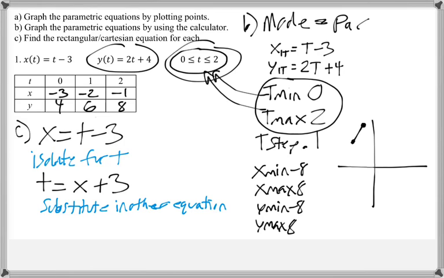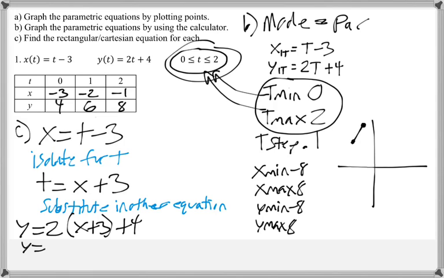So I'm going to write this equation. y is equal to 2, but then instead of t I'm going to put x plus 3, plus 4. And y is going to be equal to 2x plus 6 plus 4, or y is equal to 2x plus 10. So 2x plus 10, that's going to be our answer.